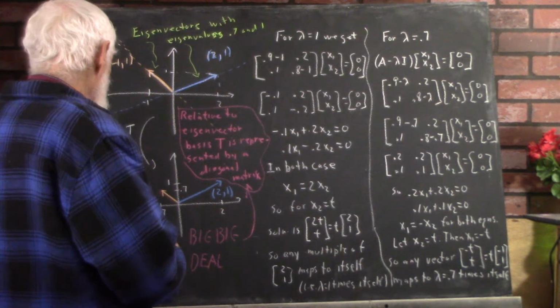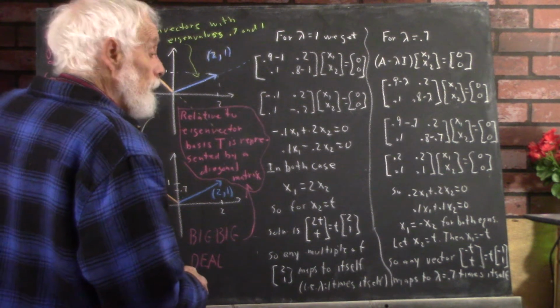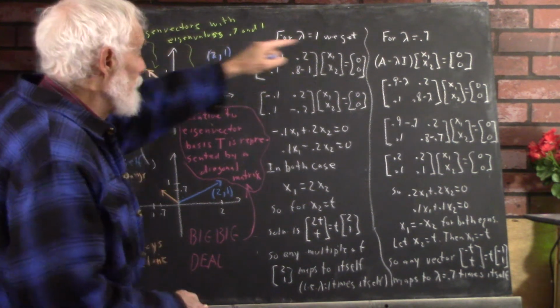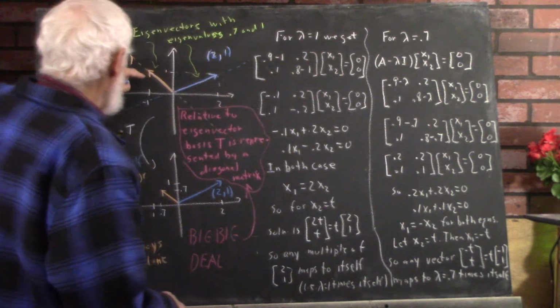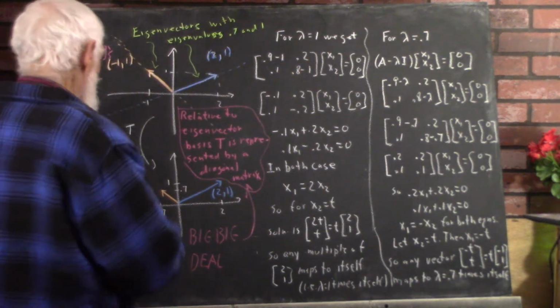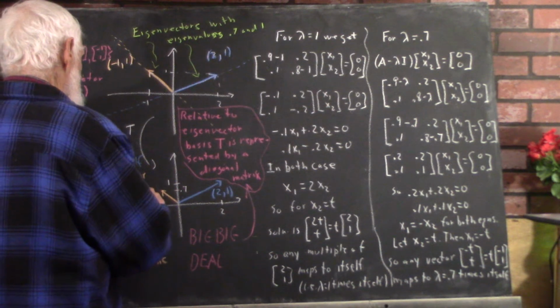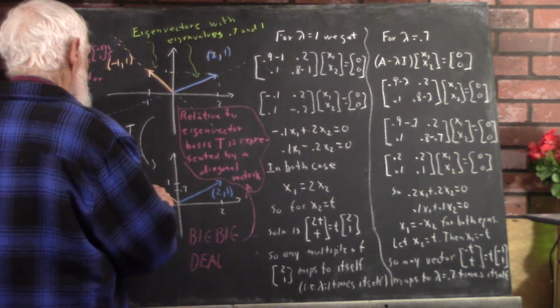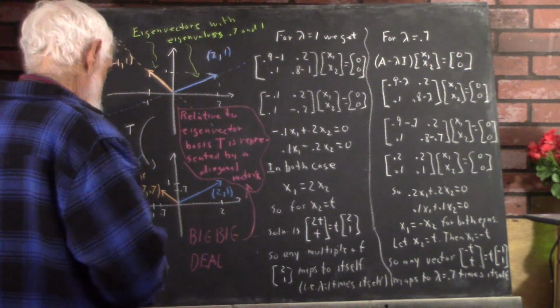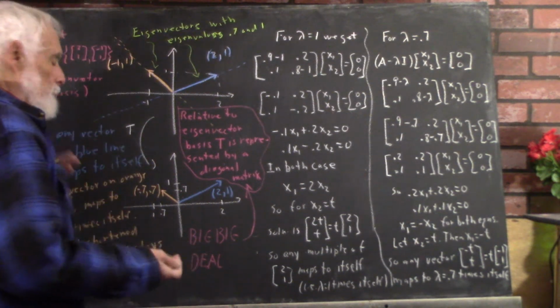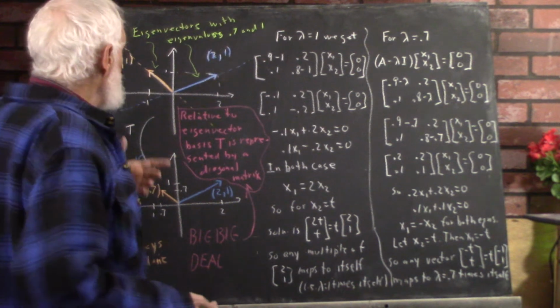And this vector is negative 0.7, 0.7. Its eigenvalue, lambda equals 0.7, multiplied by this vector. So this vector down here is negative 0.7, 0.7.